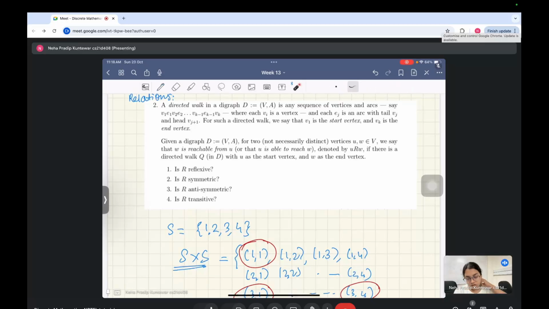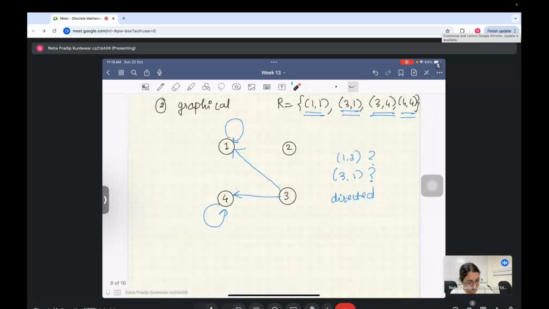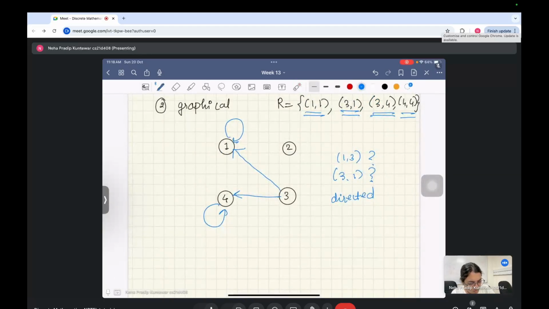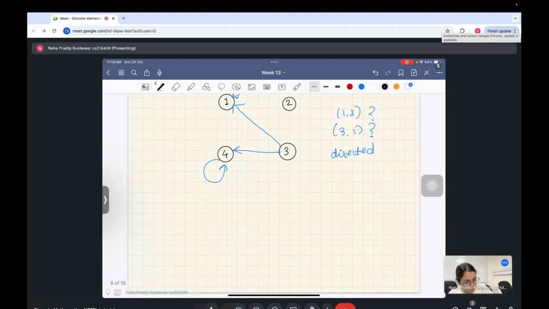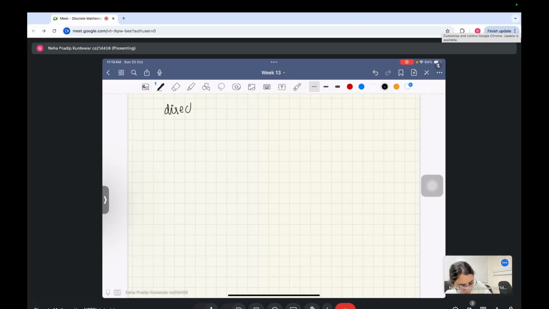So recall that if I give you a graph, then a directed walk on that graph would be simply a list of vertices, edges, and so on. So for example, I'll take an example here. Let me just draw another graph. So what is a directed walk?